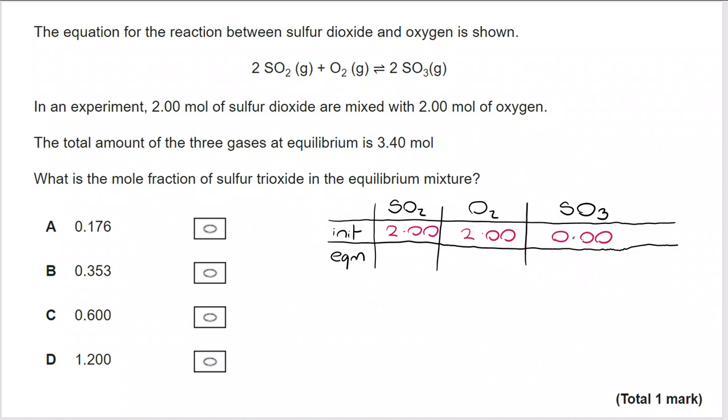The problem is we've not been told how many equilibrium moles there are of any one individual. We only know what the total amount of the 3 gases is, that's 3.4. So we're going to need to do this algebraically.